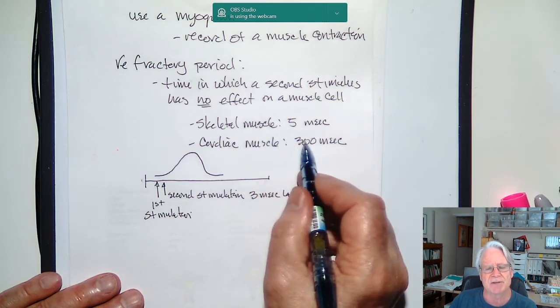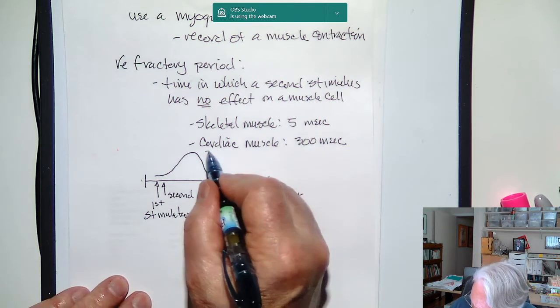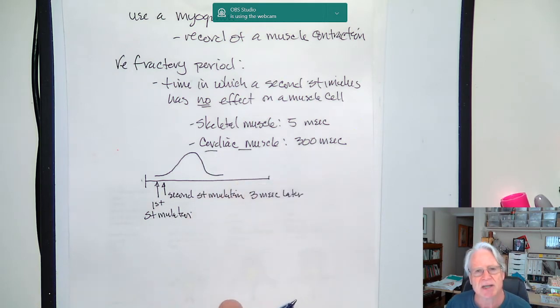Why the difference? Well, consider what cardiac muscle tissue is actually doing. It's pumping blood. And each contraction is forcing blood out of the heart. Now, if you think about that, it makes sense that there is a period of time, no matter how fast the heart is beating, in which blood actually has time to flow into the chamber so it can be pumped out.